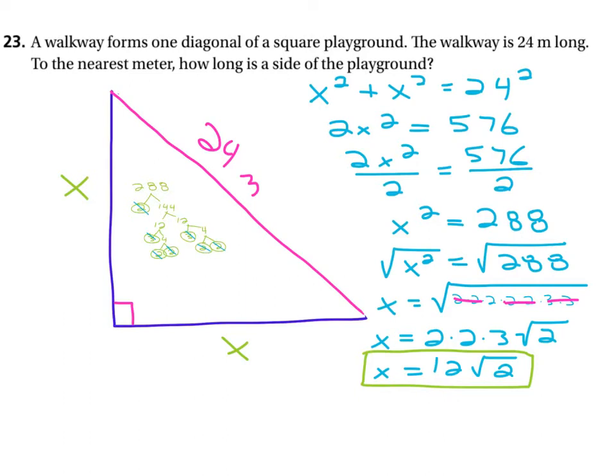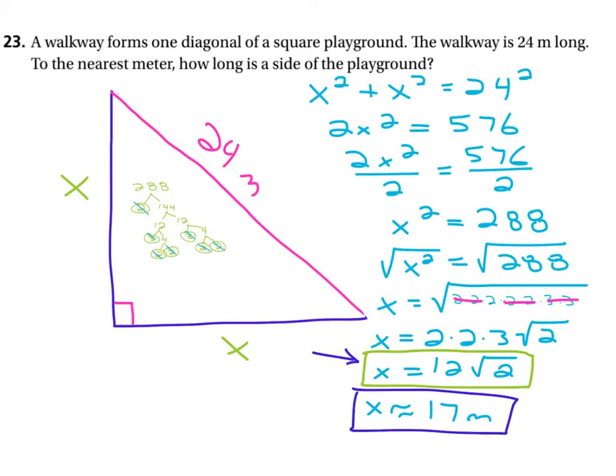So they're really asking us to round it to the nearest meter. So I'm going to write x is approximately equal to 17 meters. And that's actually what I want to have as an answer because, again, what did they ask us? They asked us to the nearest meter how long is the side of the playground.